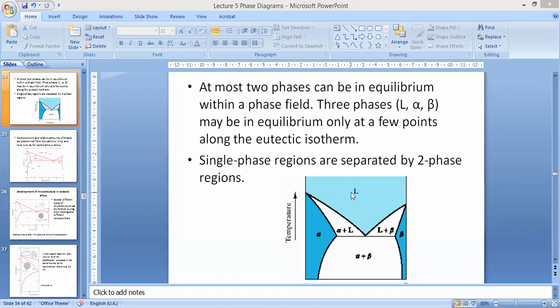There's always an intermediate phase in between: either alpha plus L, alpha plus beta, or L plus beta. This is what this means here.